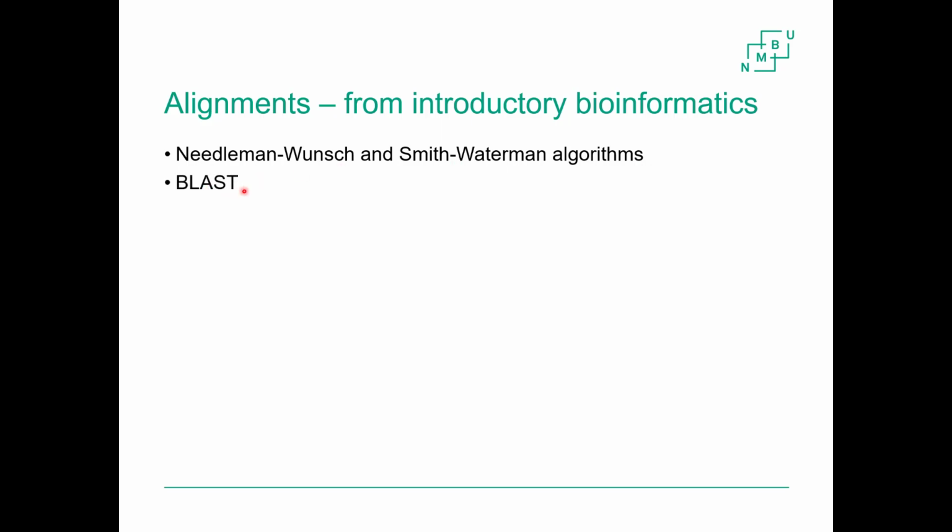We also learned about BLAST, which is a heuristic algorithm, because these ways of aligning are optimal in the sense of finding the best solution, but they are really slow. So BLAST is trying to speed things up by cutting some corners. It no longer guarantees optimal, but it's close enough for us to be satisfied, right? So this is a tool we use for searching in a database of many, many sequences.